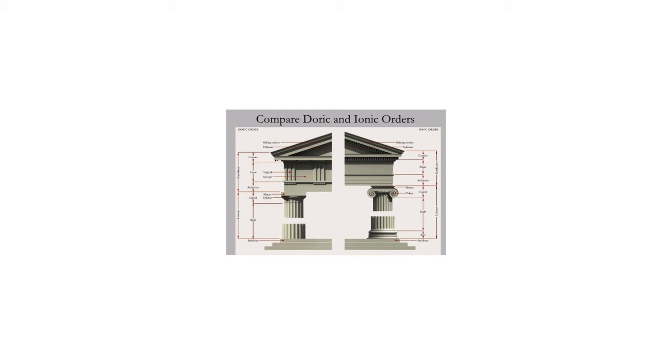The Doric is generally more fluted, and stylistically, you can see these sort of frills almost on the top of the columns. The Ionic is generally more elongated.